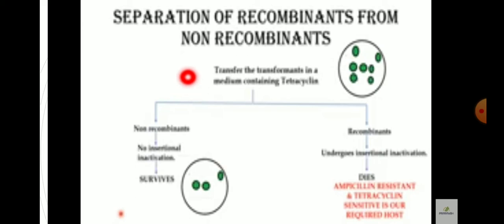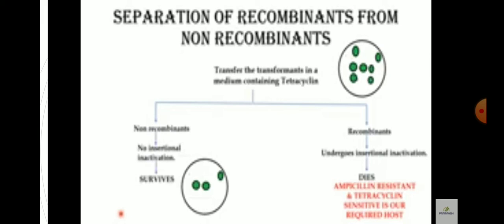Previously we took two colonies of the host cell, one with red and one with green. It was evident that the host cells which have the tetracycline resistance insert can grow on the medium, whereas the other host cells which do not contain this tetracycline resistance gene cannot grow and will die.